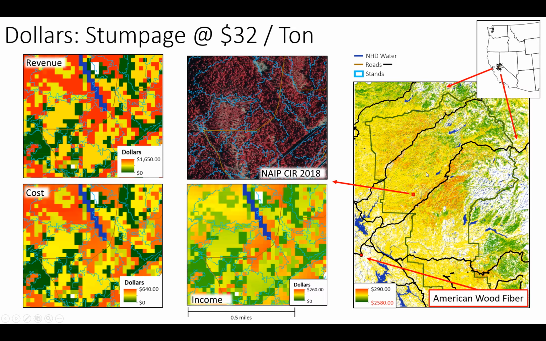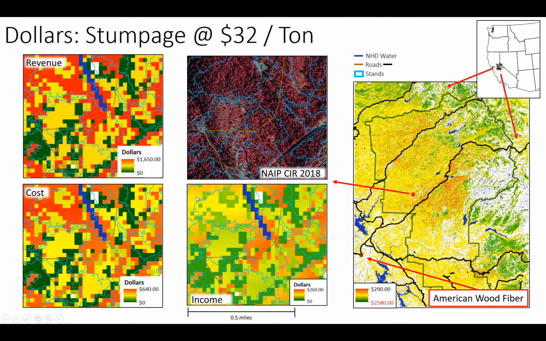In addition, we can combine that with a stumpage price. What's the going rate for the trees out on the landscape? What's the delivered cost rate, or the gate dollar figure? I meant to say. In which case, we can then calculate based off of how much is being removed a revenue. We already have a cost, and we can combine those together to look at what is the income at every given cell for any location within the Stanislaus.